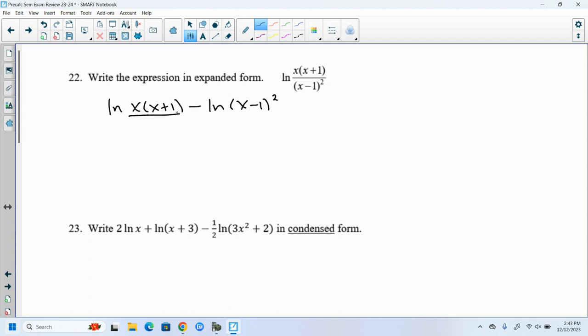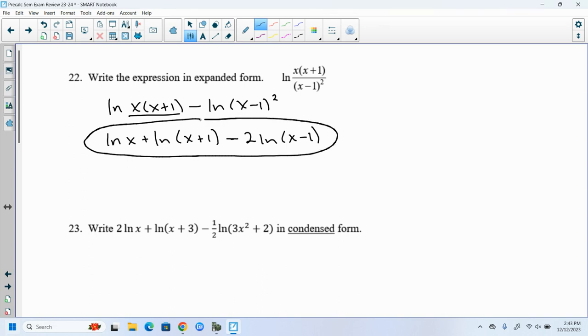So we still have a product here, so we can split that apart into the natural log of x plus the natural log of x plus 1 minus, and I can go ahead and take this 2 and put it out in front. So we get minus 2 times the natural log of x minus 1. We are good now because we do not have any natural log of any products, any quotients, or powers involved. So we are good, and that is our answer.